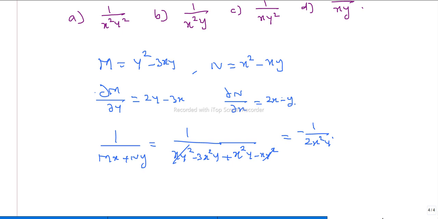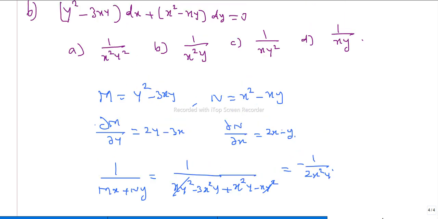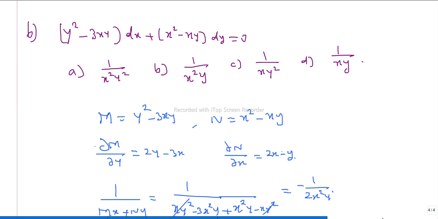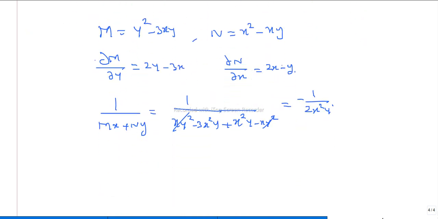If we take minus, it will work. But it is in the form f1 of xy into y dx plus f2 of xy into x dy equal to 0. In that form we can get this answer. So in that case, what is the integrating factor? The integrating factor will be 1 by (Mx minus Ny). So this is a sort of form, right?